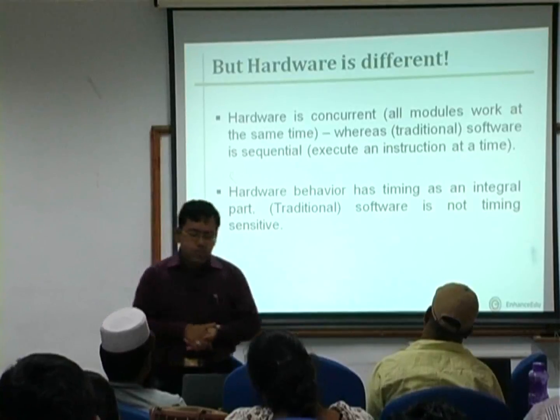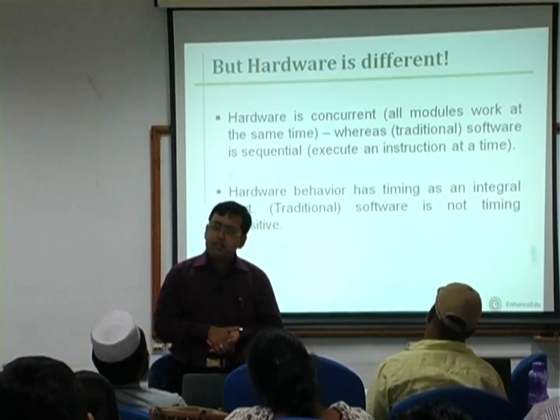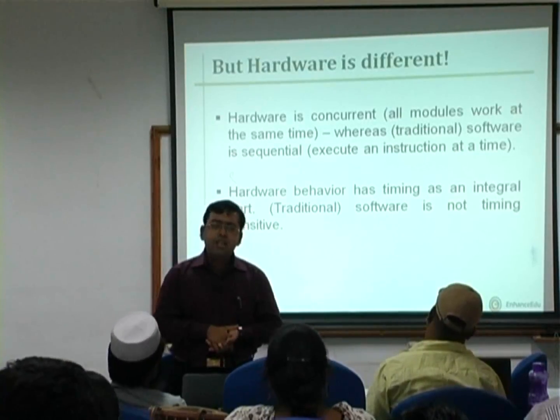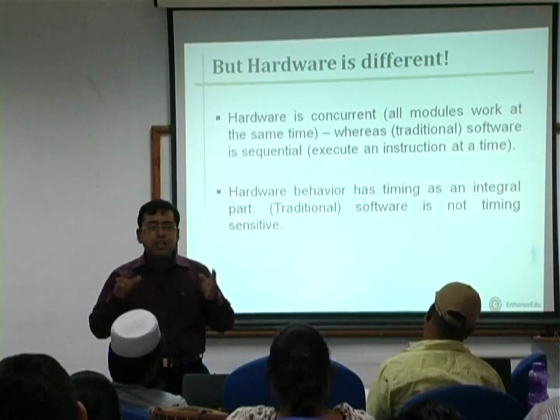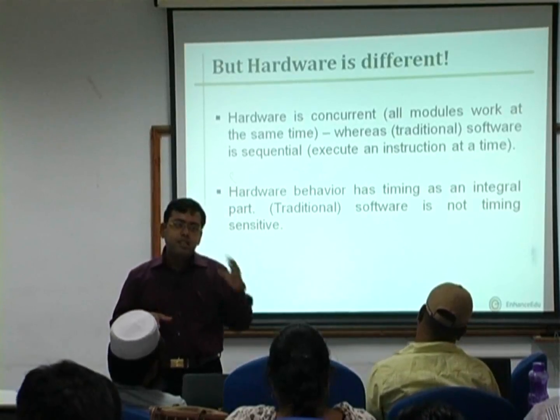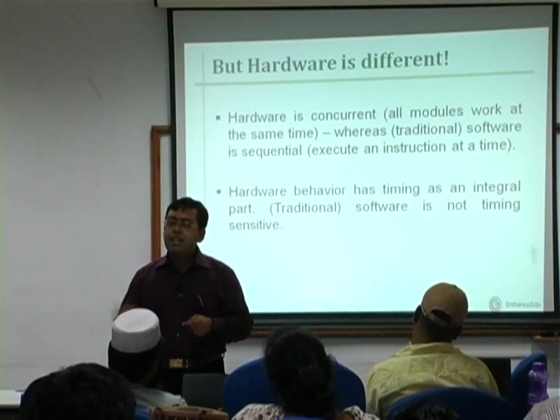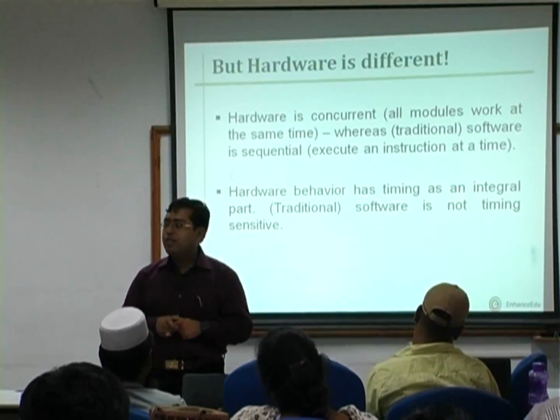So one of the big problems is that when we are modeling the hardware, we are writing a set of code that will again execute in a uniprocessor architecture.